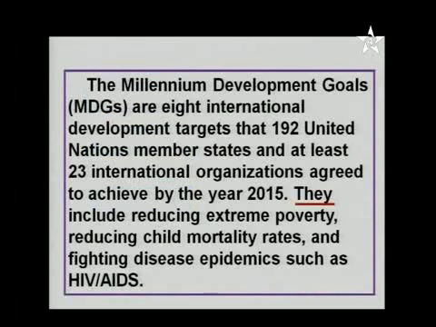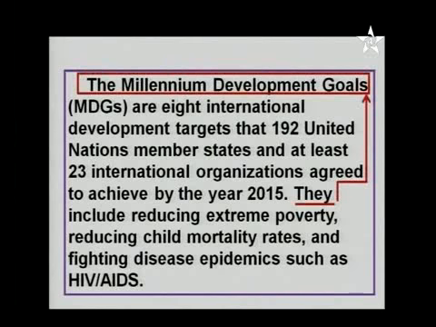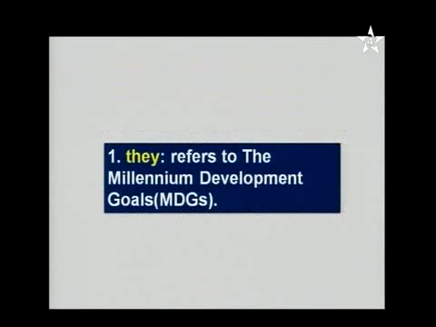Now, nations, okay, let's read on. Nation members, states, and at least 23 international organizations agreed to achieve by the year 2015. Okay? They refers to the Millennium Development Goals. You can see? Right? Pronoun reference, pronoun they refers to the Millennium Development Goals. So the answer is they refers to the Millennium Development Goals, which stands for MDG.